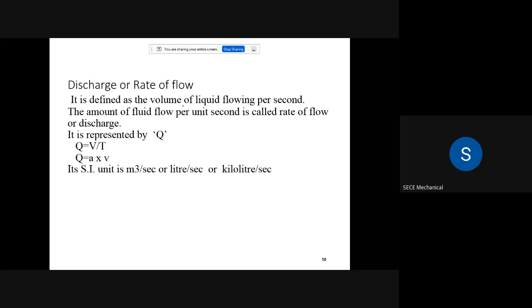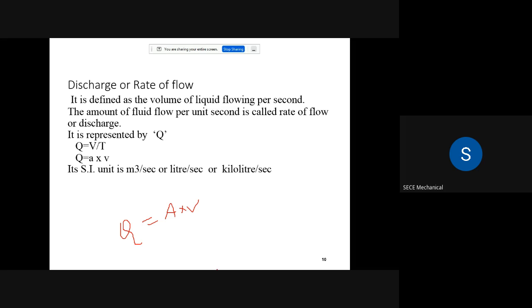The discharge is denoted by Q, which is the respective area into velocity. This is the general formula for discharge flow.